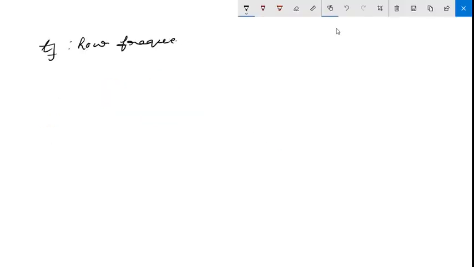How frequently a term occurs in a document, that is TF.